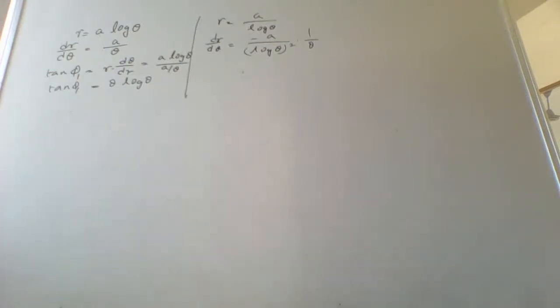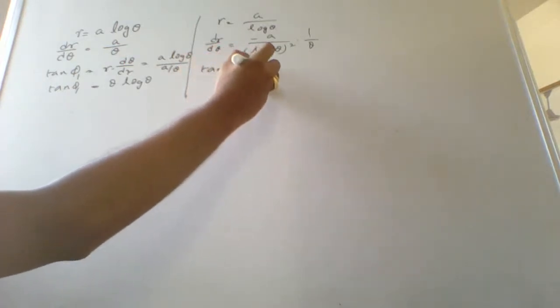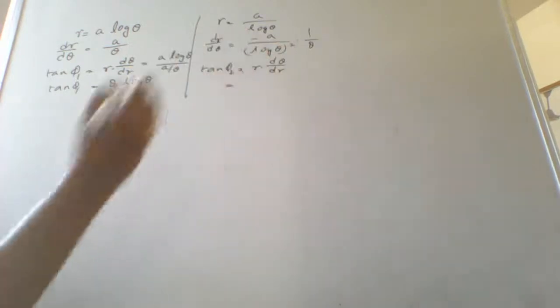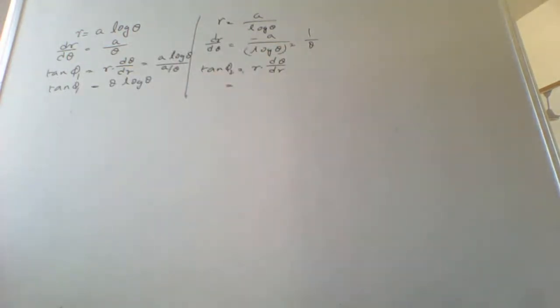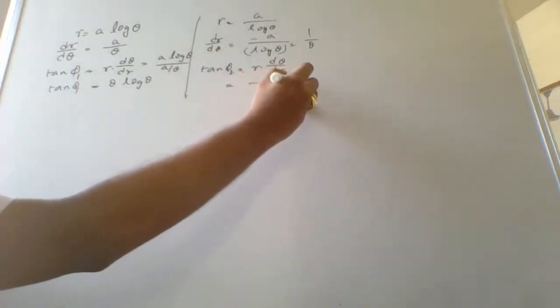Okay, let us further continue to solve this. So again here tan phi 2 is r d theta by dr. If I try to simplify this, overall I get minus theta log theta.